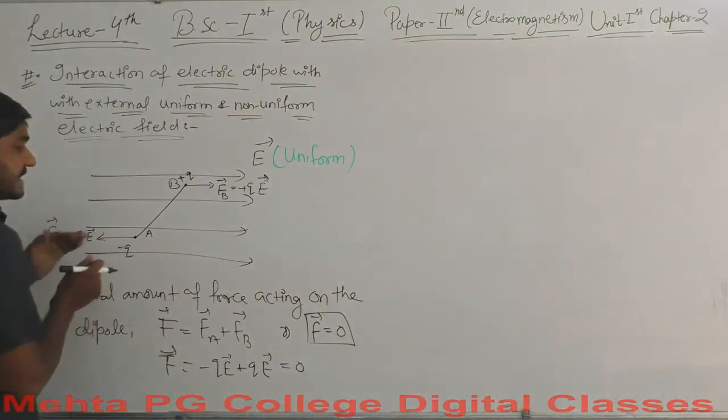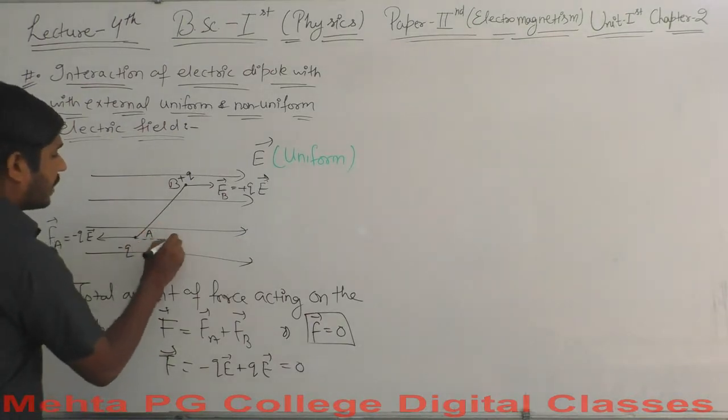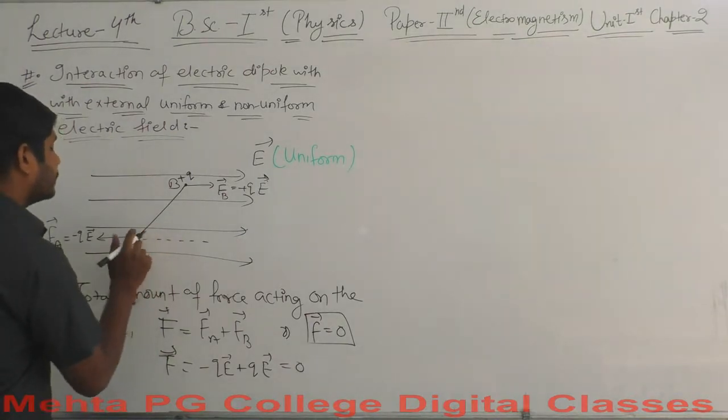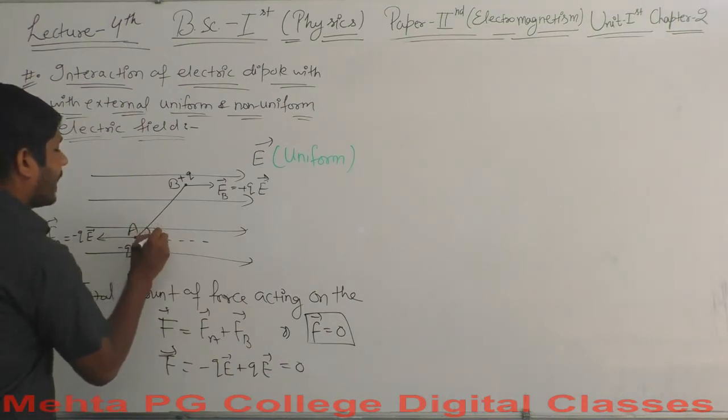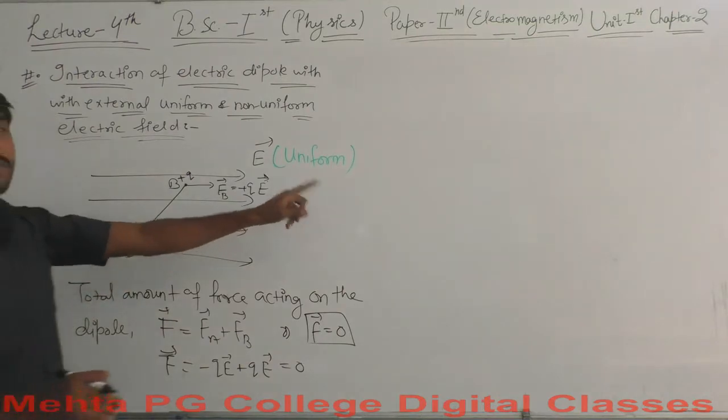Let's say these are the electric field lines and this is the dipole. Let's say this dipole is making an angle theta with respect to the line of action of the forces.